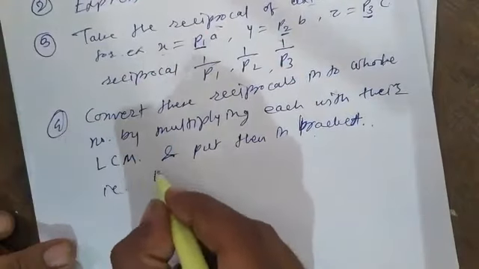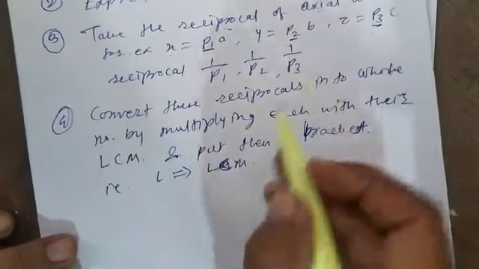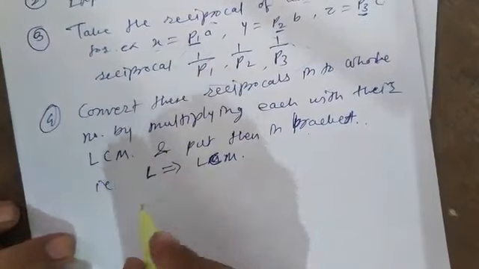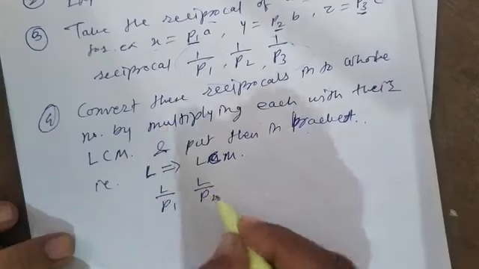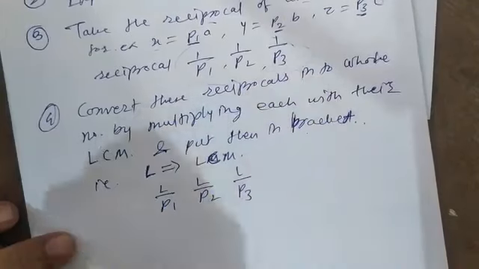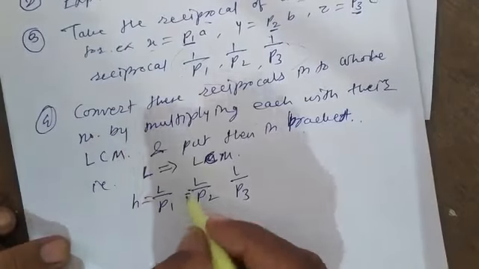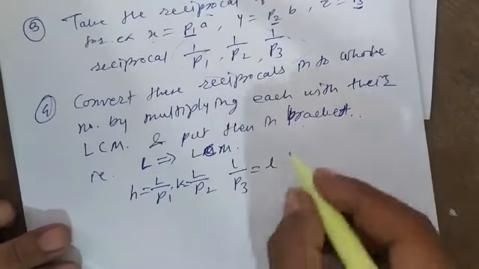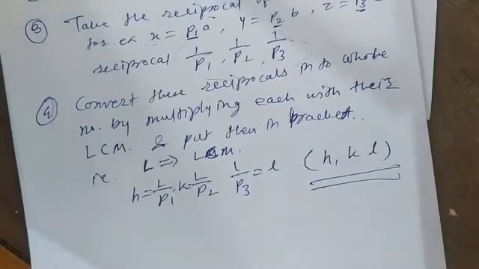Suppose L is the LCM. Then we can write L upon P1, L upon P2, L upon P3. L upon P1 is expressed as H, L upon P2 as K, and L upon P3 as L, and put them in a bracket, that is (H K L). That represents the Miller indices of that plane.